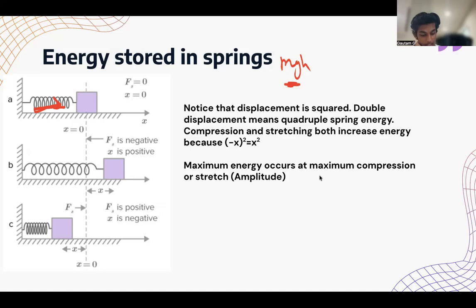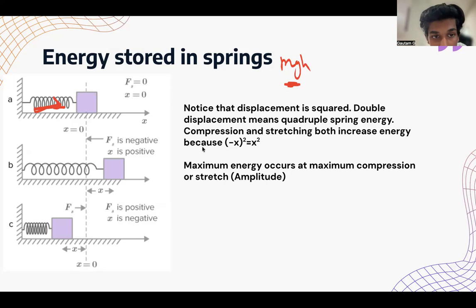If you're talking about energy stored horizontally or somewhere else like that, there are going to be different equations. So in this case, the equation is 1/2 kx squared for the spring.